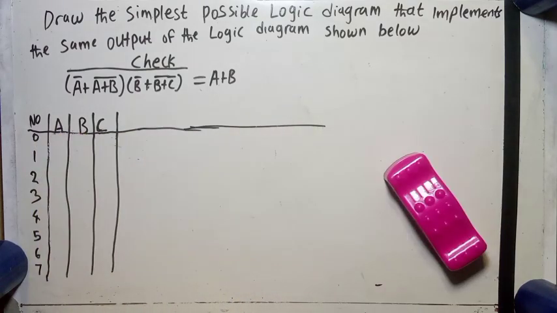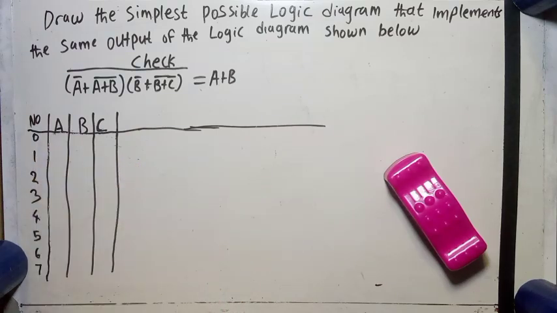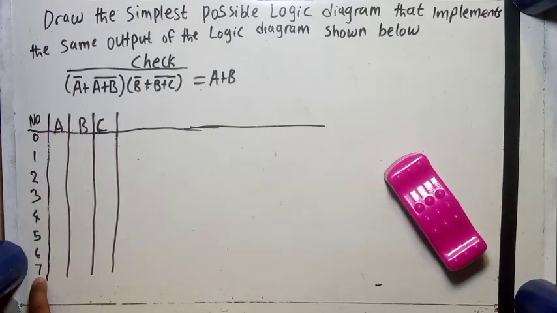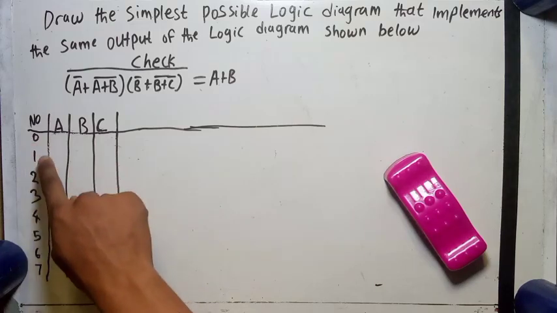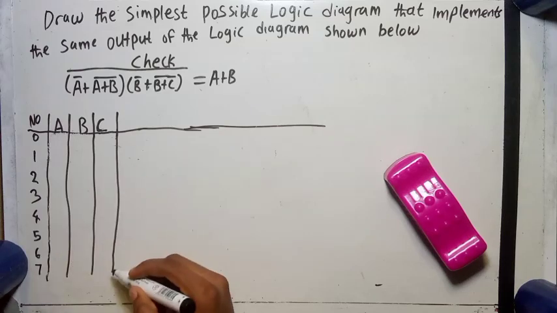So, like I said, we have 8 different combinations, and we're not counting from 1, we're counting from 0.